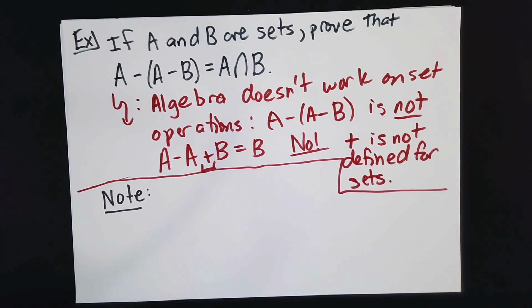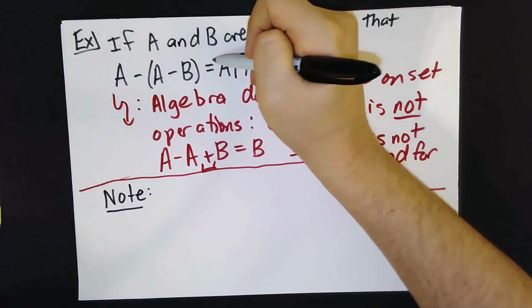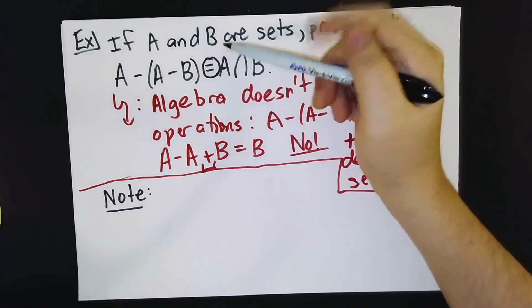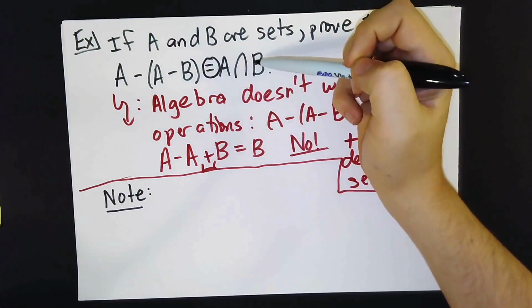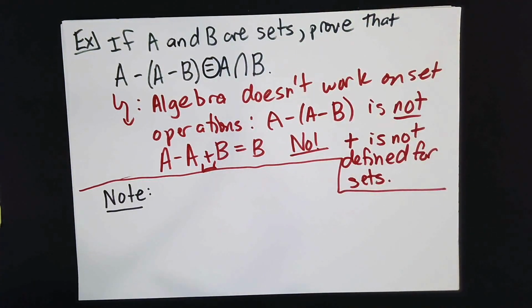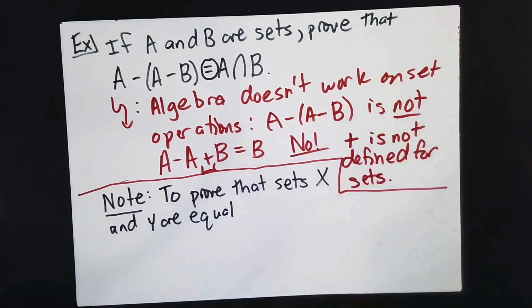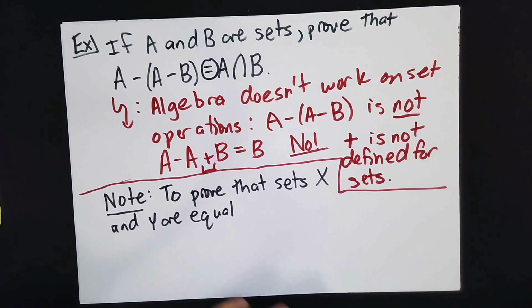The next note is that here I've actually asked you to prove something different than we did in the previous two exercises. Namely, I've asked you to prove that two sets are equal, rather than that one set is a subset of the other. There's a method to do this, and the way to do it is to just do the thing we've been doing before twice.